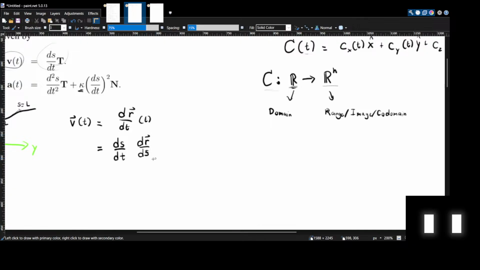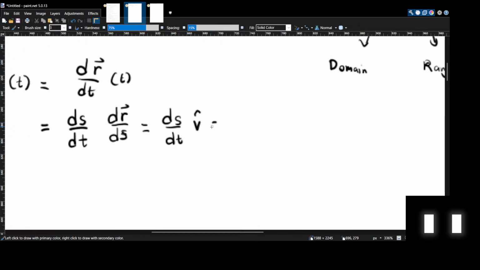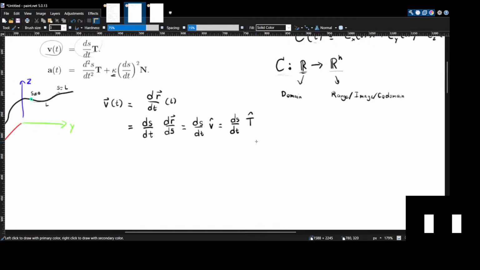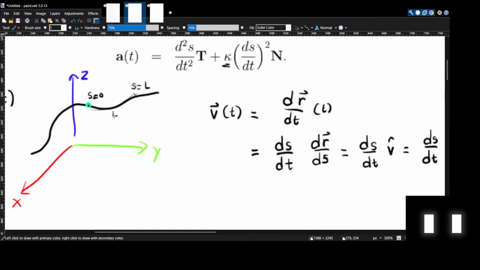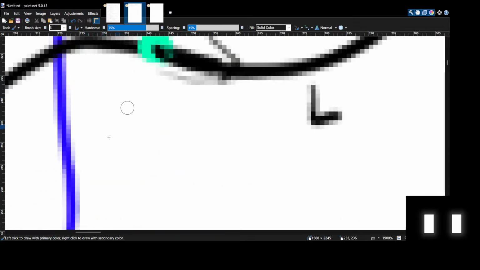If you cancel them out, all you have left is the direction that you moved. So this is equal to ds by dt times the unit vector for velocity, which itself has a name known as the tangent vector. It's called the tangent vector because it's pointing in the direction where you move next. It's tangent to the curve.